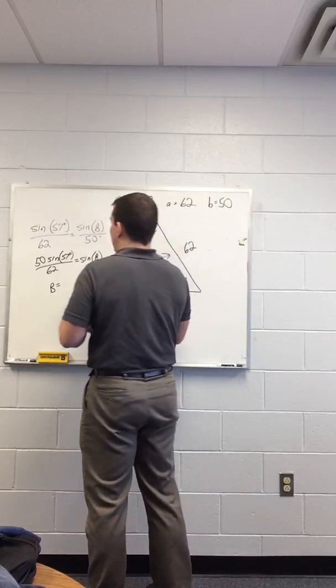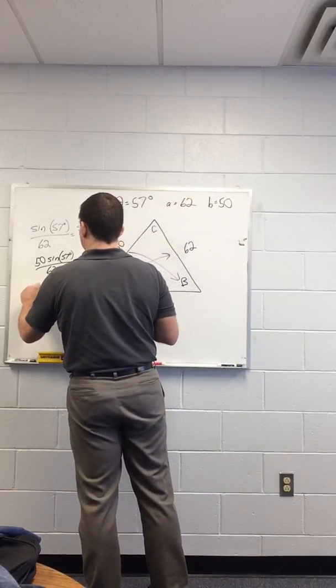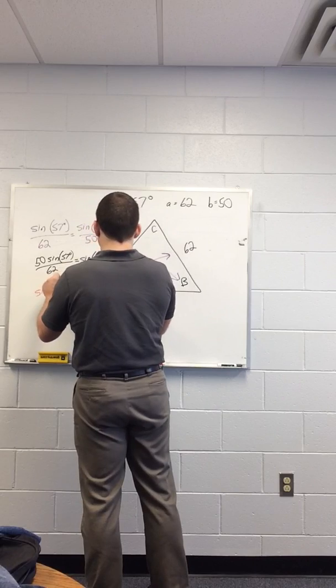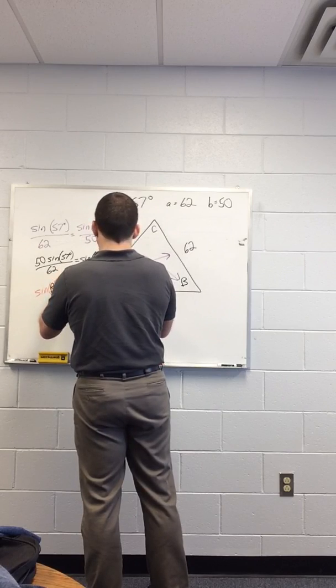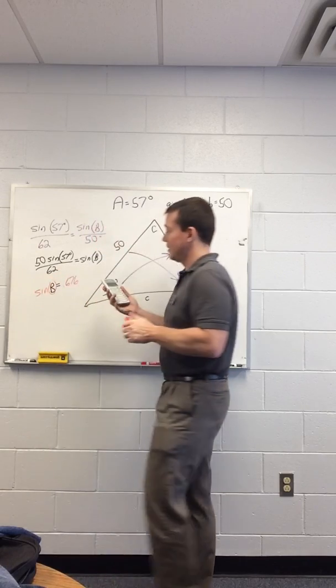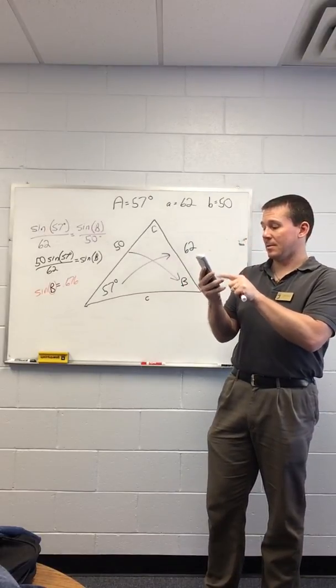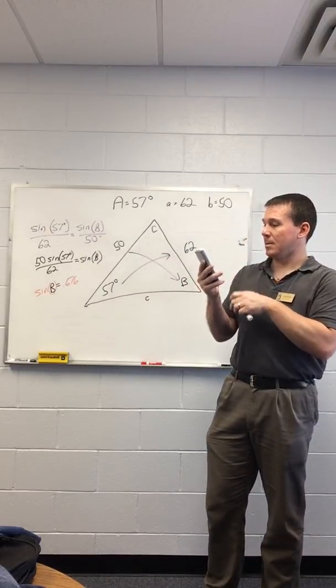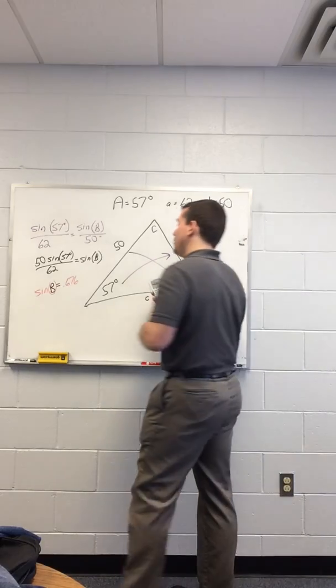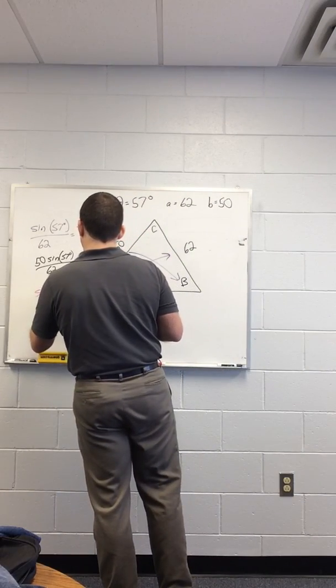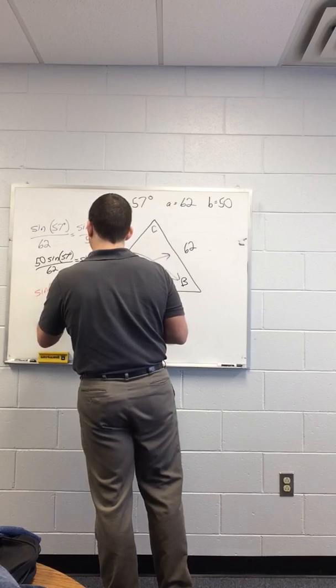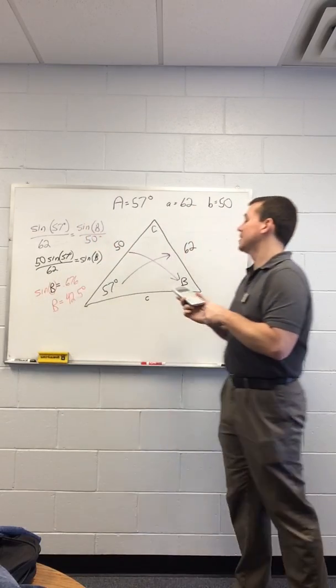Okay, and you get that. Just to write it out so you can check yourselves, sine B equals 0.676. Now take the sine inverse. So B equals 42.5 degrees.